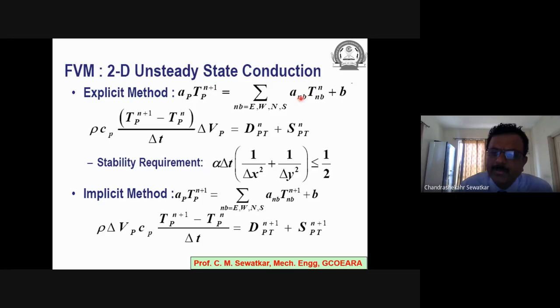Similarly, I can find AW, AN, AS, and so on. Whatever terms are left, we can put in B. That helps us obtain the solution for TP at the n+1 level. This is the easy way of representing the equation, but essentially our TP at n+1 is the unknown when we are using the explicit method.